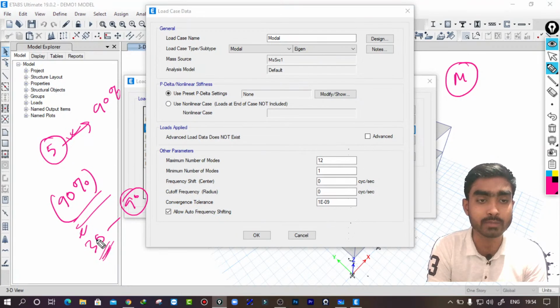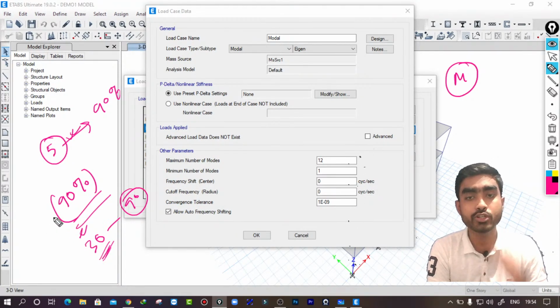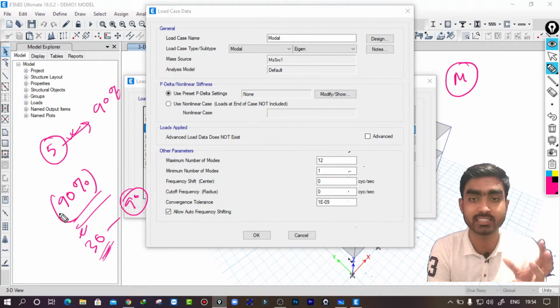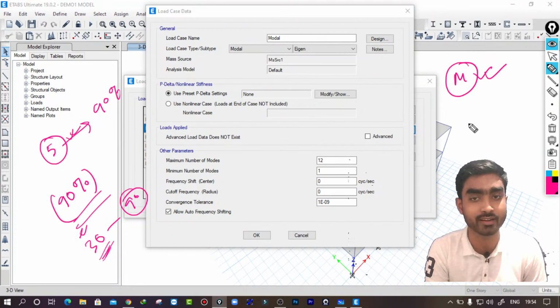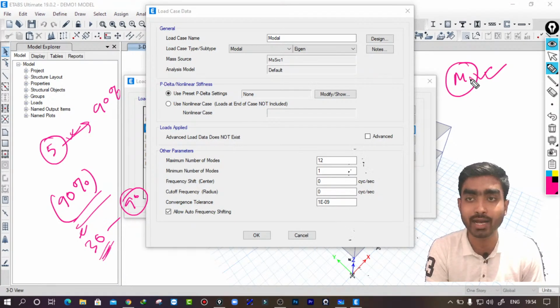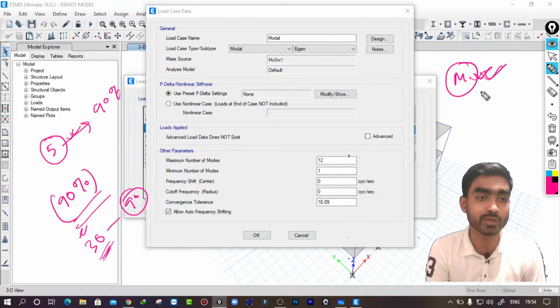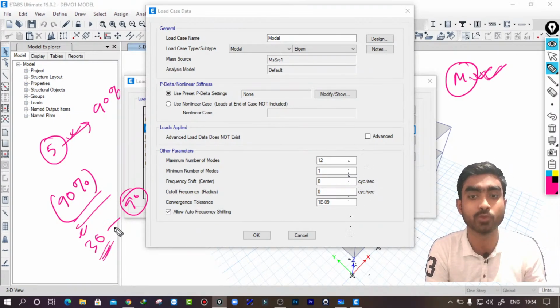That is a different concept. The main concept is we should have 90% of total mass participation. Now what is this mass? This mass is nothing but the seismic mass you have defined. So 90% of the total mass should participate up to the last mode.